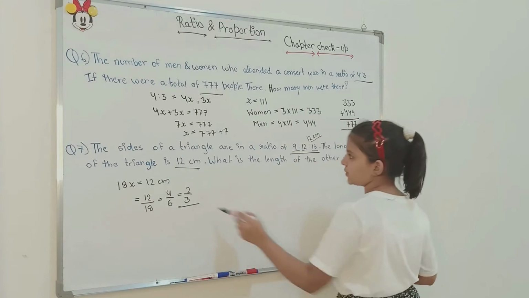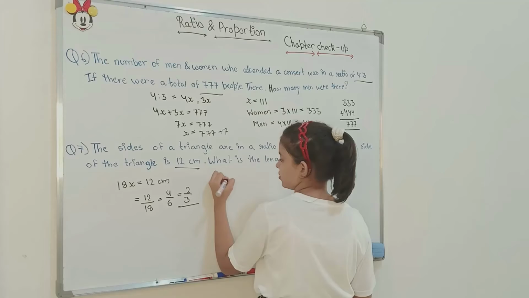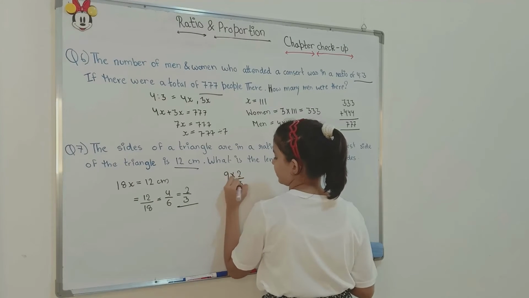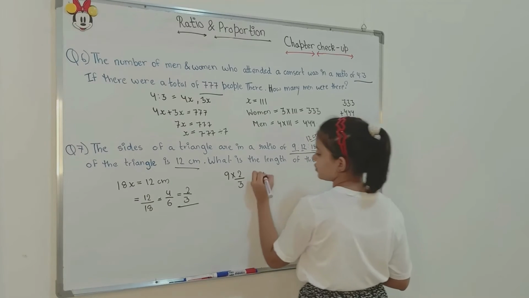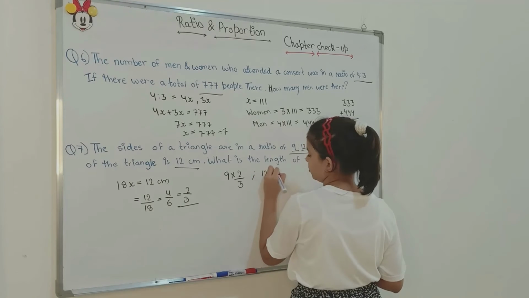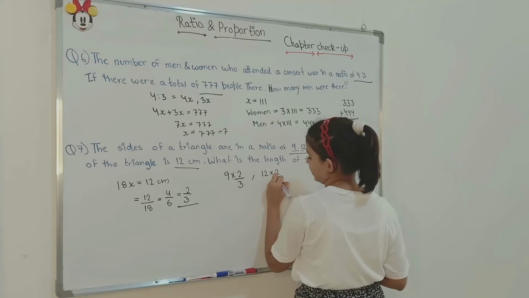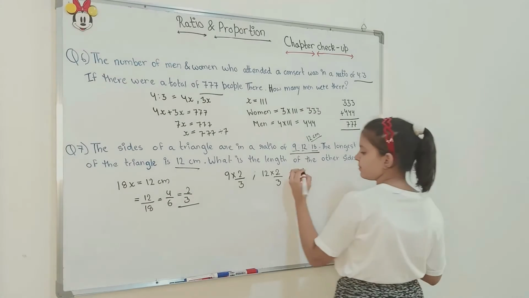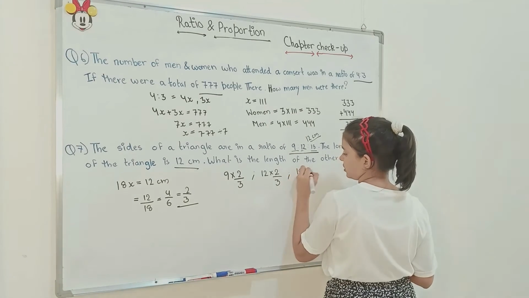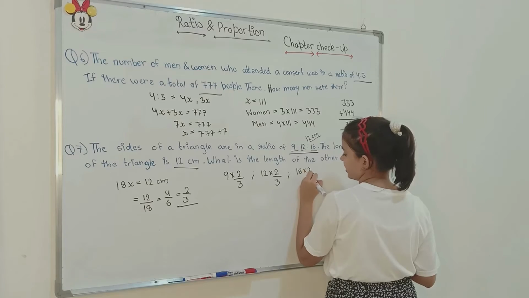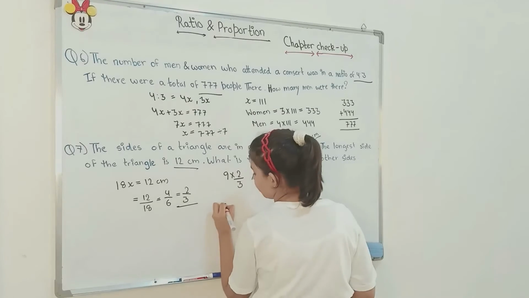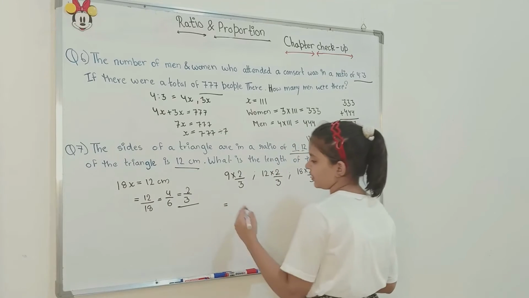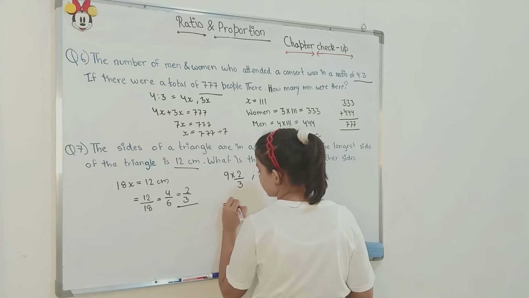Now we'll multiply 2:3 with 9 and 12. So 9 into 2 divided by 3, then 12 into 2 divided by 3. Then the 18 one is given, but we'll still write it. So 18 into 2 divided by 3. So first 9 2s are 18, now we'll divide 18 by 3, so we'll get the answer as 6.